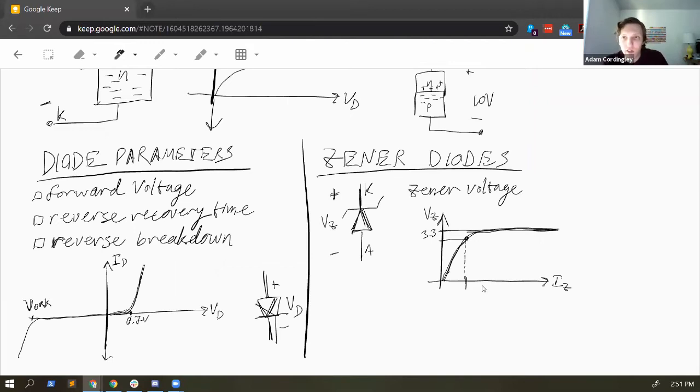If you don't give it enough current, its voltage is not going to be 3.3 volts. So this is an important plot that you'll find in Zener data sheets.